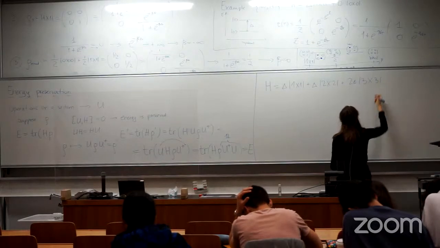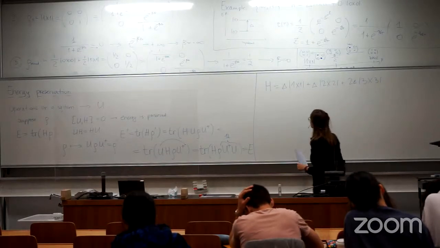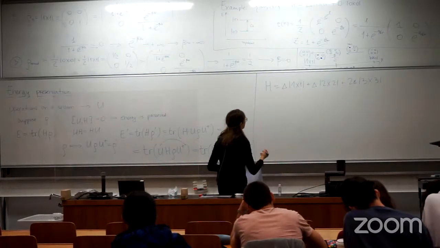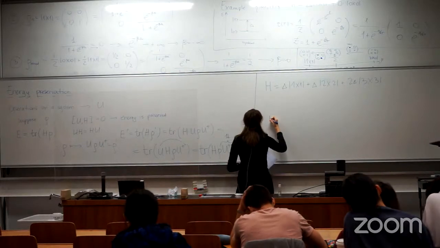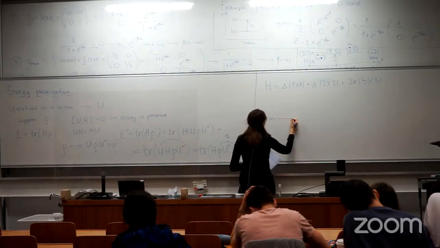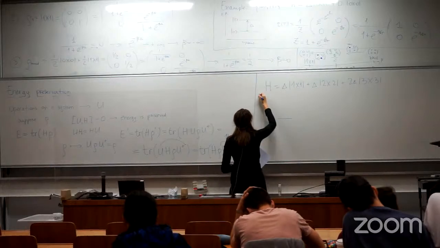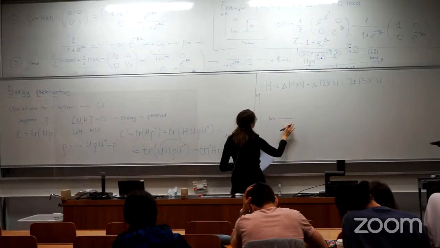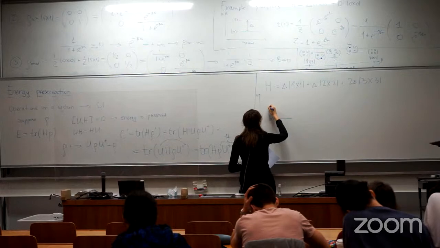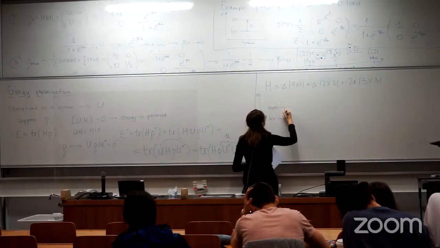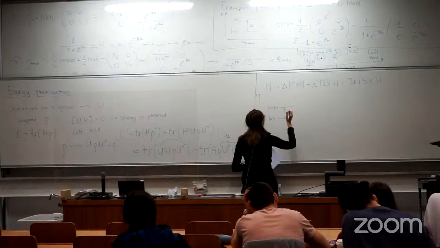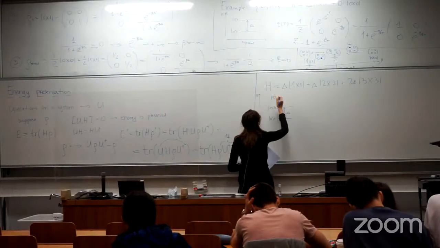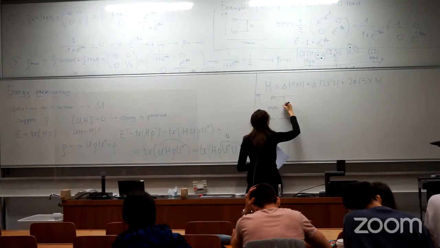So as an energy diagram, one can draw this as: 0 has the energy 0, 1 and 2 both have the energy delta, and 3 has the energy 2 delta.